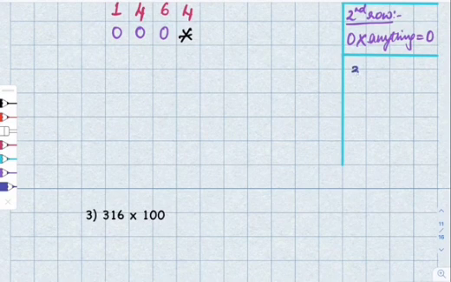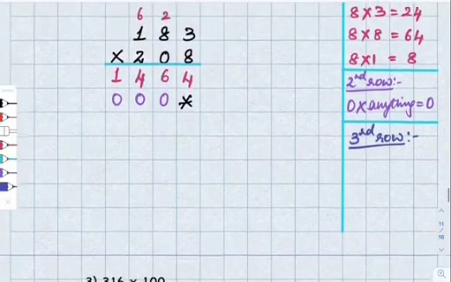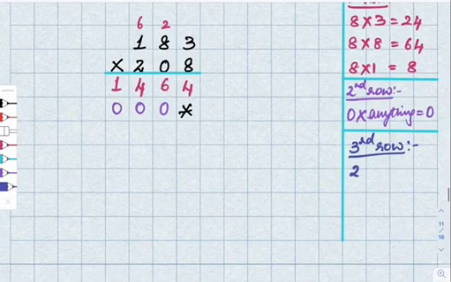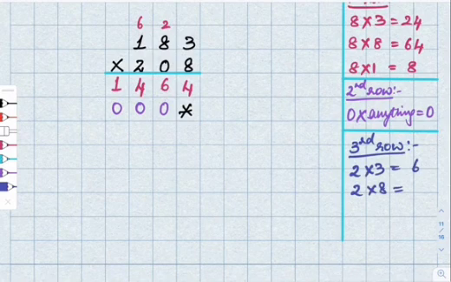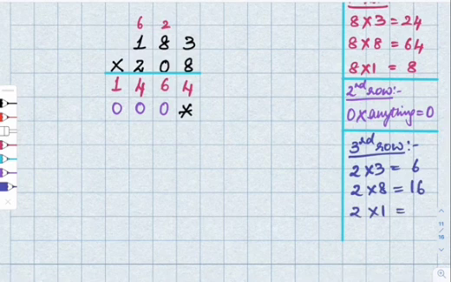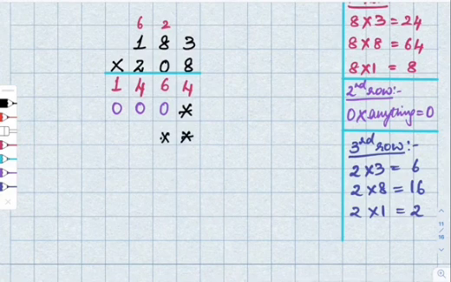Now for the third row, we'll be considering 2. So 2 into 3 is 6. 2 into 8 is 16. 2 into 1 is 2. So we'll try to write the answers here. Third row, we'll have to have 2 blank spaces.